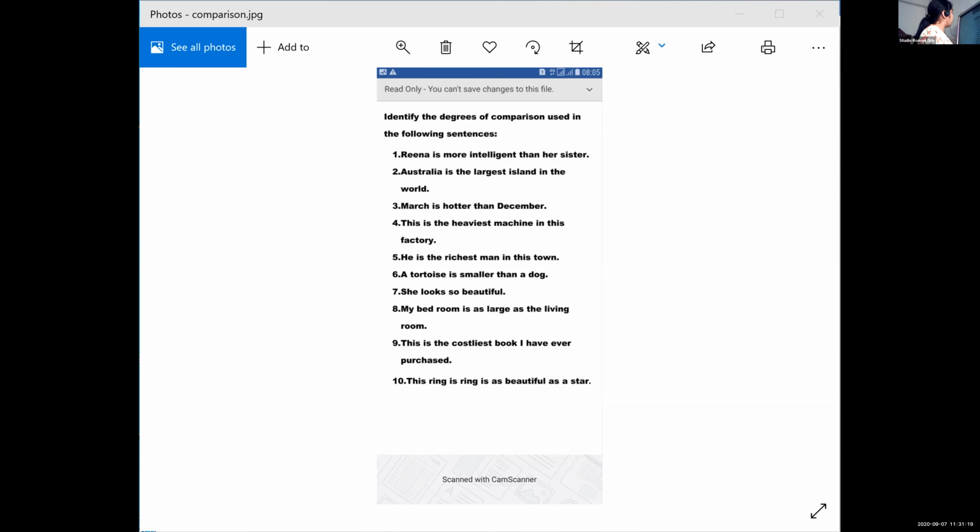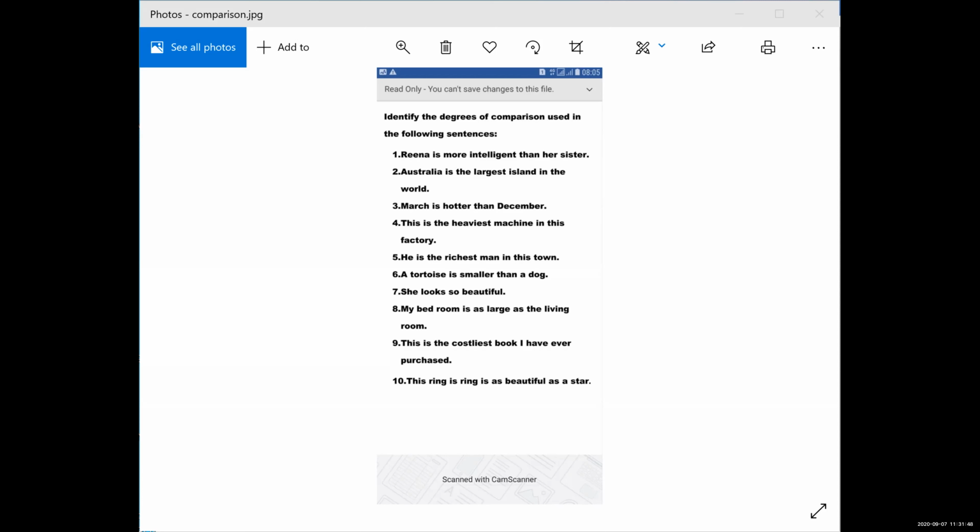Okay. Then eighth one. Ameya, can you try the eighth one? Wait, it's a new thing for you. I'll explain. My bedroom is as large as the living room.